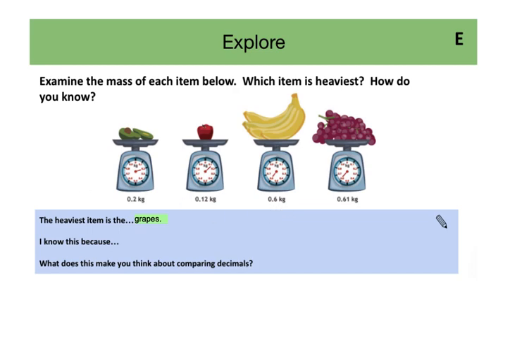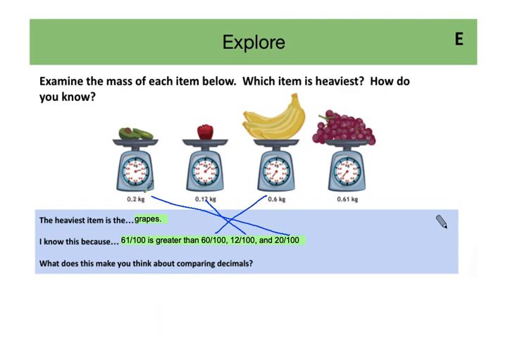It'll make it a lot easier to compare. How do we know the grapes are the heaviest? We know because 61/100 is greater than 60/100, that would be our banana, our 12/100, which is the apple, and the 20/100, which is the avocado.